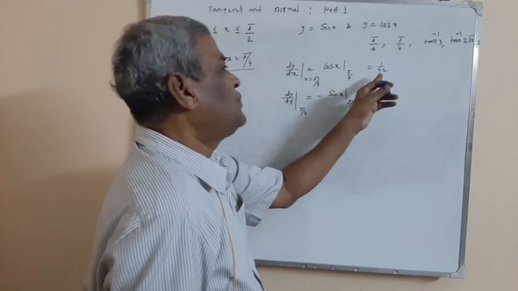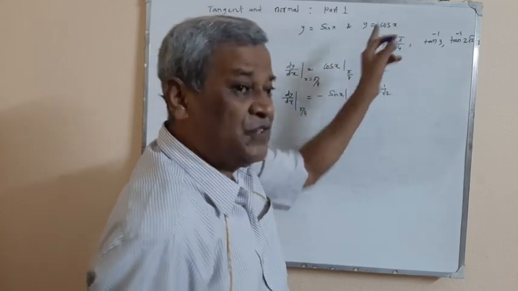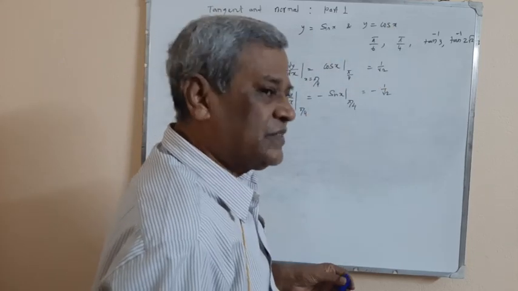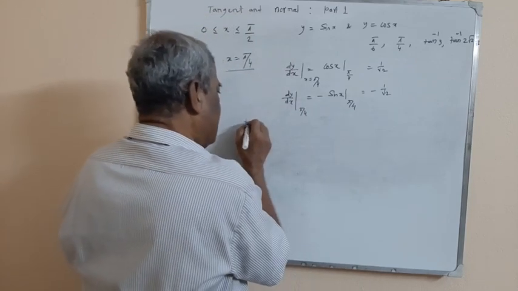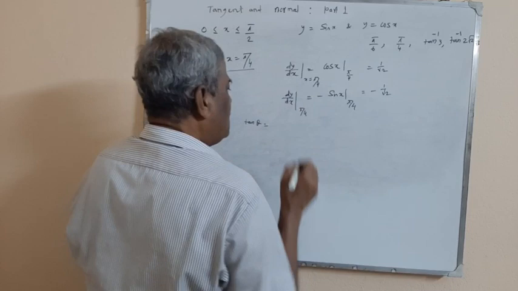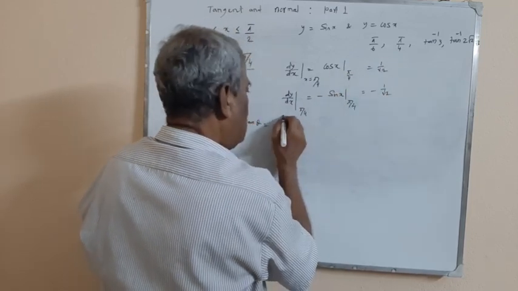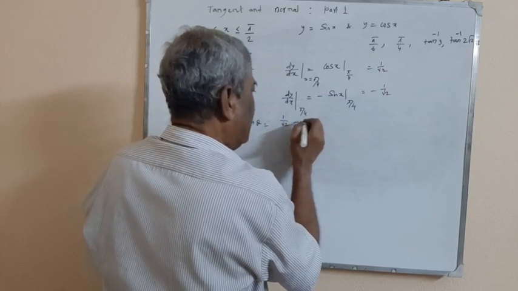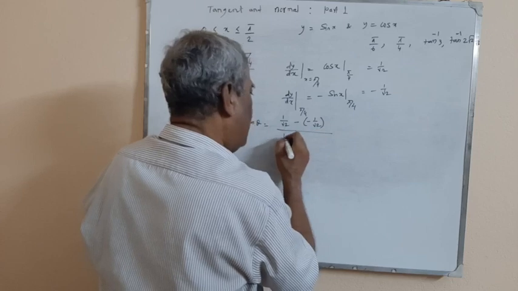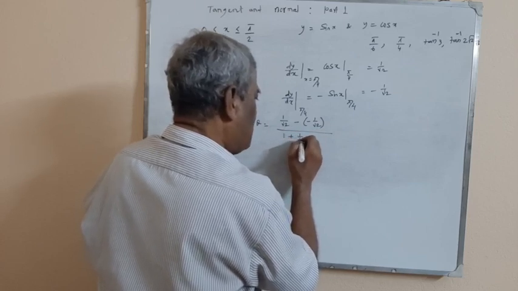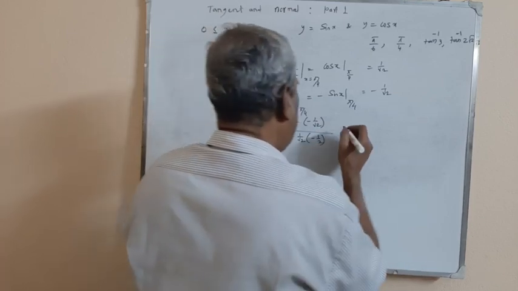So these are the gradients of the tangents of the two curves. The angle of intersection of the curves, if it is theta, then tan theta is equal to m1 minus m2 by 1 plus m1 m2, a formula of coordinate geometry.